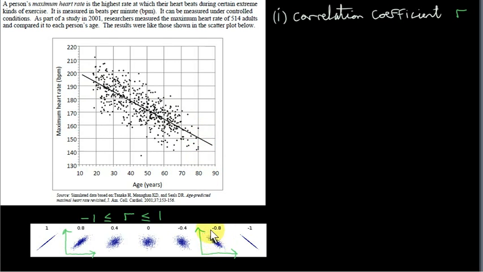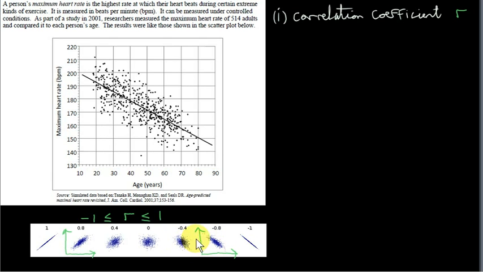So an answer of -0.8 is probably pretty good, or maybe even a bit less than this, but not -0.4. I actually should say greater than this, because -0.4 is greater than -0.8, but I'm just talking in absolute terms. The correlation here is less than the correlation here.